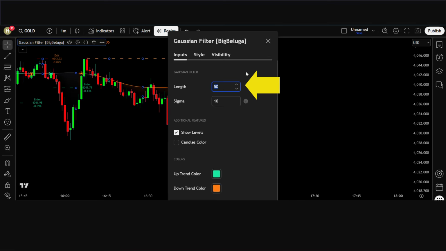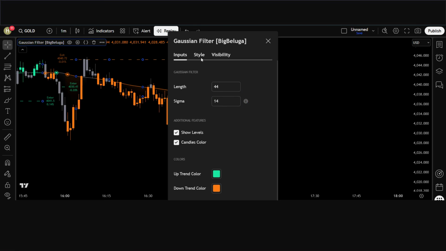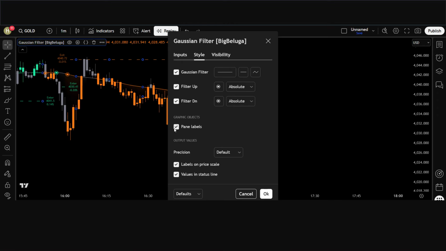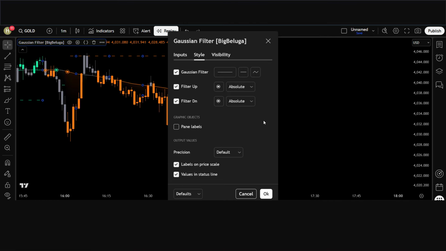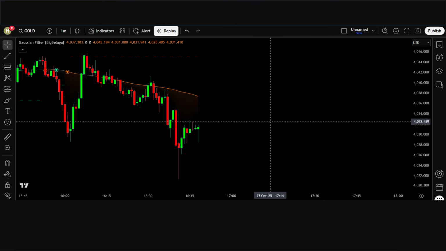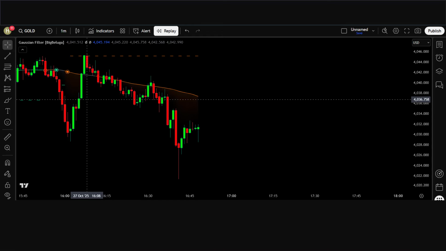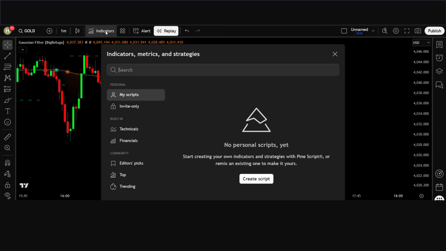Set length 44 to 50. Sigma 14 to 10. Now go to the Style tab. Hide some option. Click OK. Now, let's add one more tool to make this strategy even more profitable.